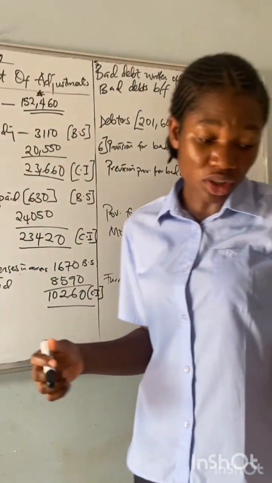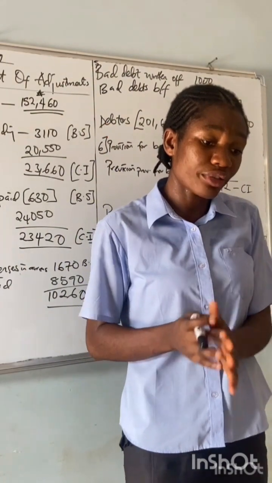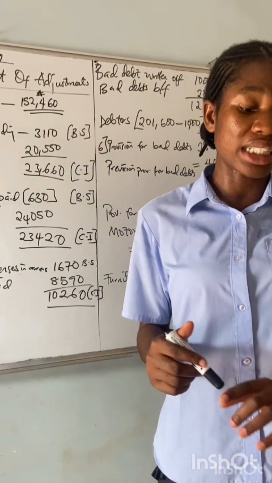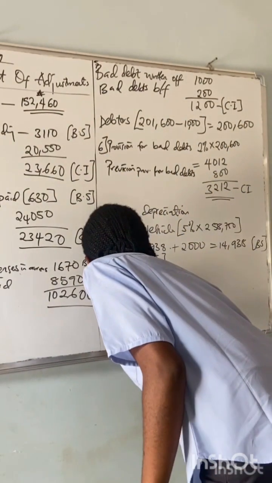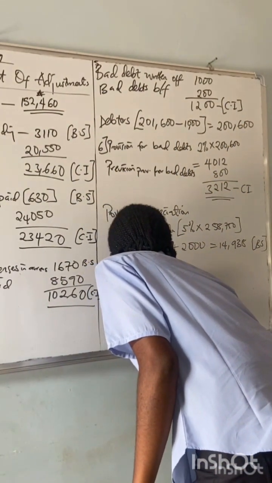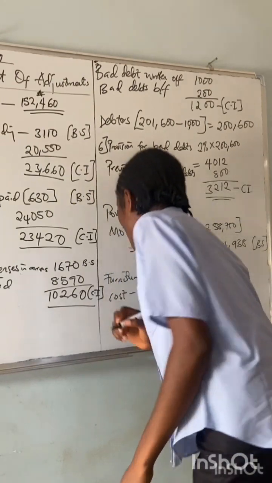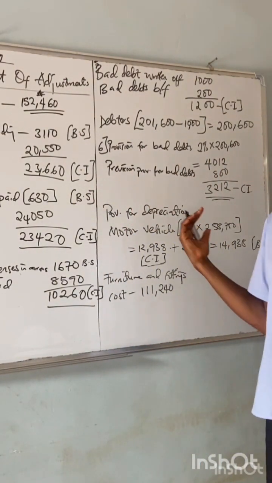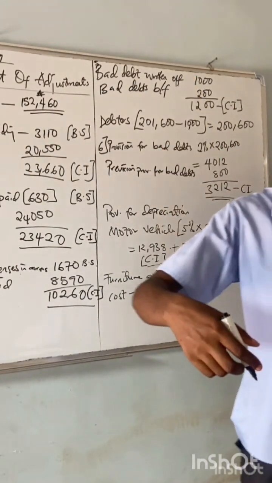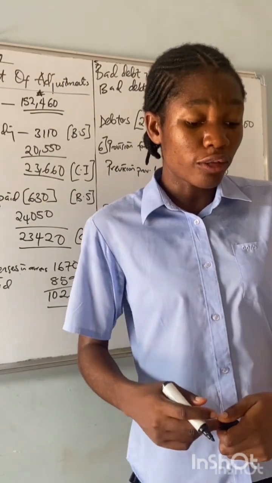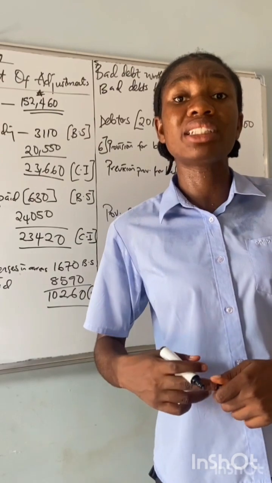Now from the information given in the trial balance, the cost of our furniture and fitting is 111,240. This is our cost, right? And then we have an accumulated depreciation for furniture and fittings of 3,000 naira.